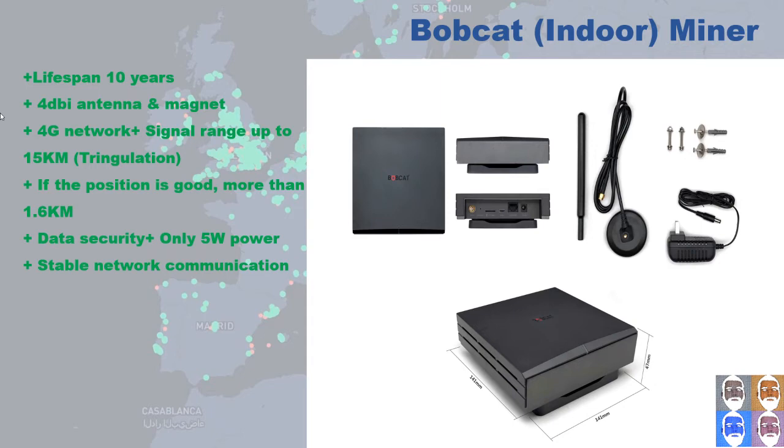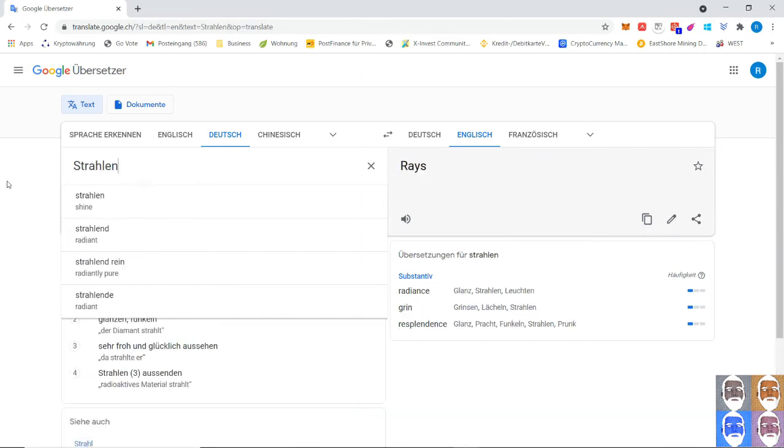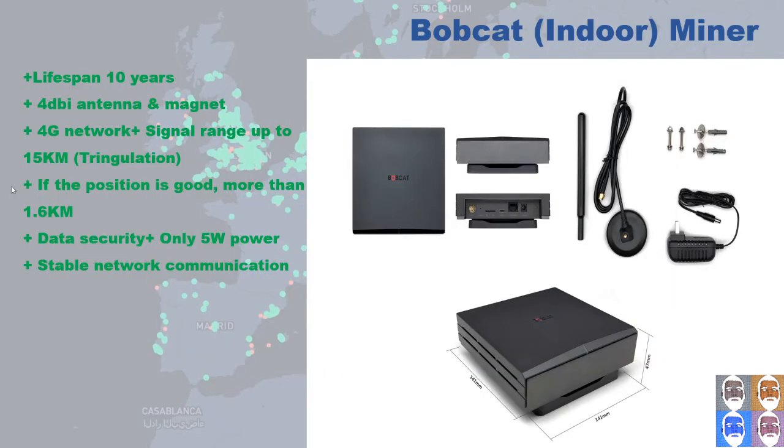So the radio network is not the most stable network in the world, but it has the lowest, how to tell, in German it's strahlen. I need to translate this word. It's really not easy. Rays, green rays, radioactivity would be something like this.